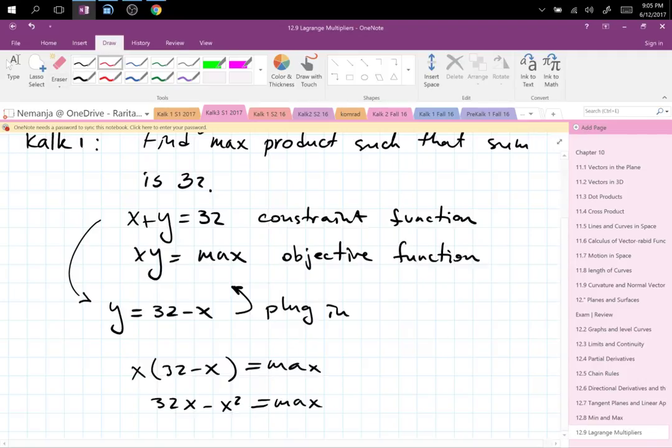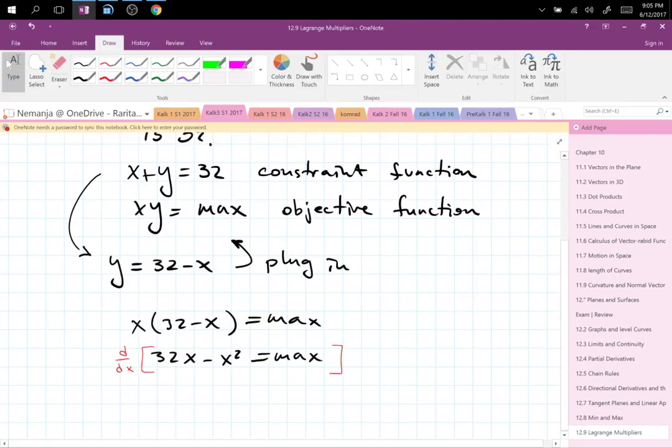And then you will differentiate that with respect to x. And when you differentiate, remember, max is the maximum value, which is a number. So you would get 32 minus 2x equals 0, from where x is equal to 16. So 16 plus 16 is 32, and 16 times 16, right, 256 is the largest value that you can get.